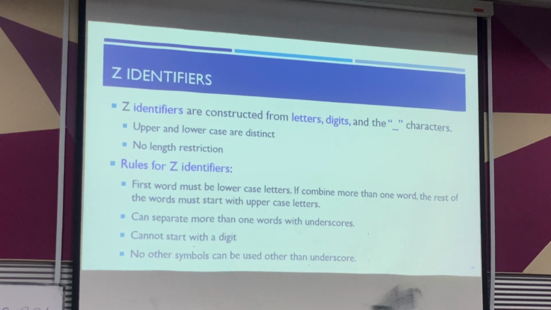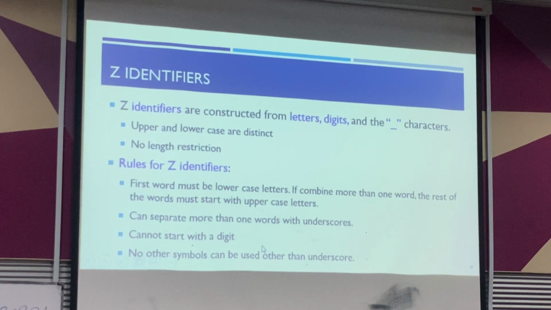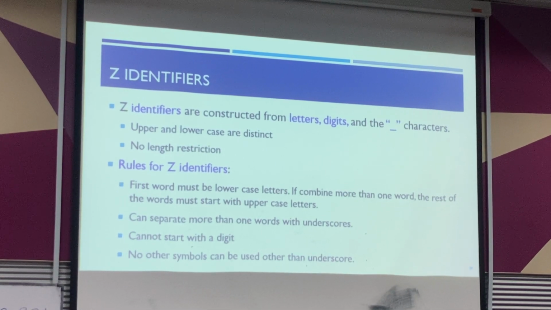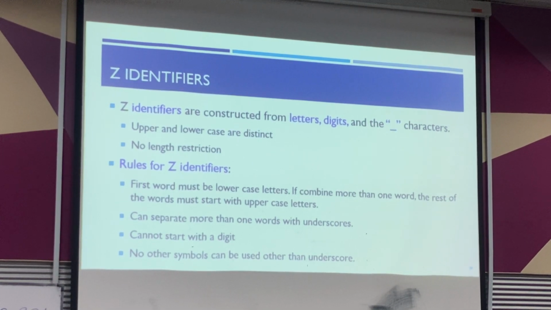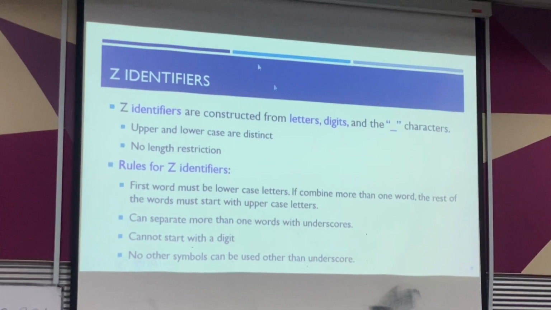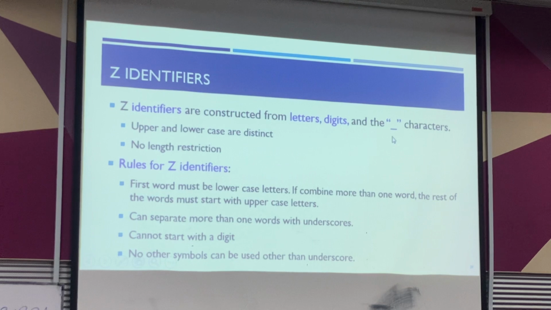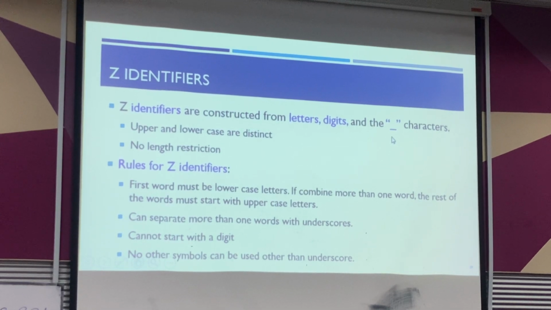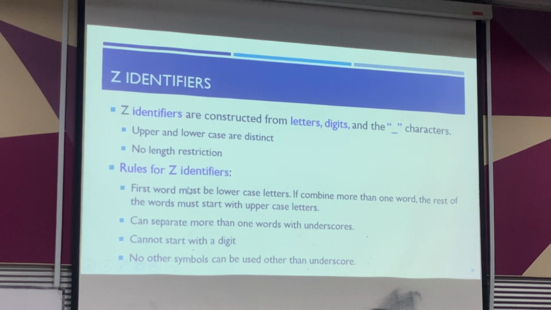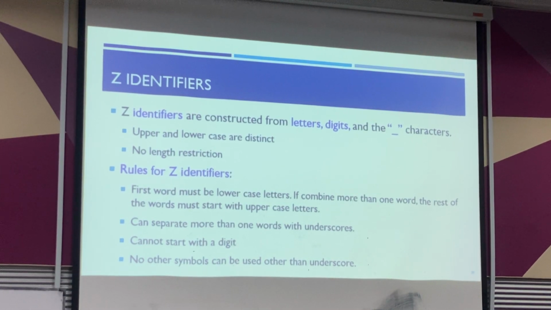So for identifiers, there are rules or guidelines to create them. Of course, capital letter and small letter are 2 different things. You can use letter, digit, and underscore for identifiers. In Z schema we don't put a length restriction, so you can put as long as you want.